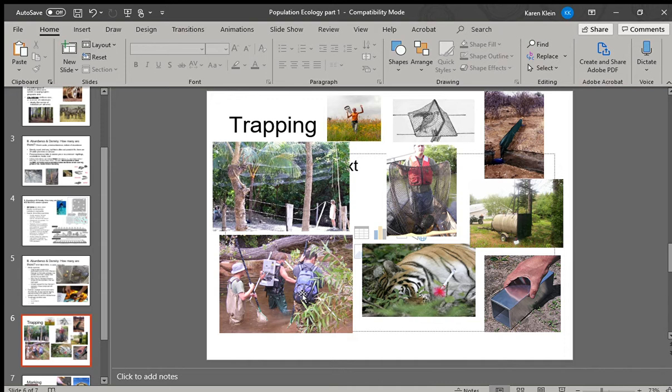We can get a little more savvy and use a little more technology here. What you're doing here is catching fish through electroshock fishing, which you see these two people here doing with the backpacks, the electroshock probes, and the person behind them has a net.